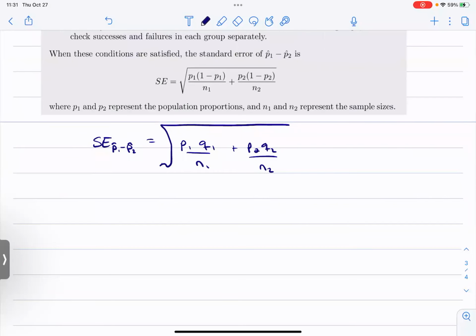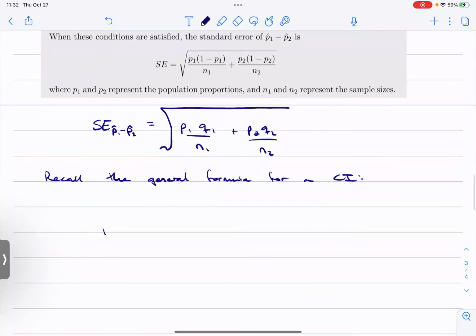All right. So here, if we recall the general formula for a confidence interval, it was what? It was the point estimate, right?